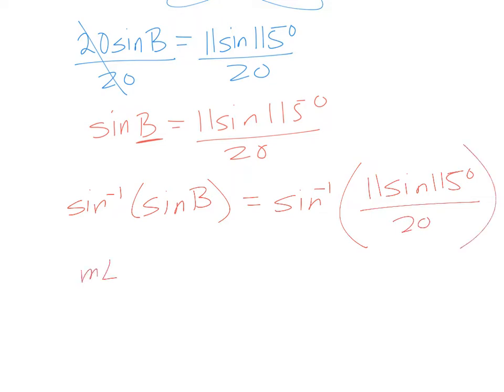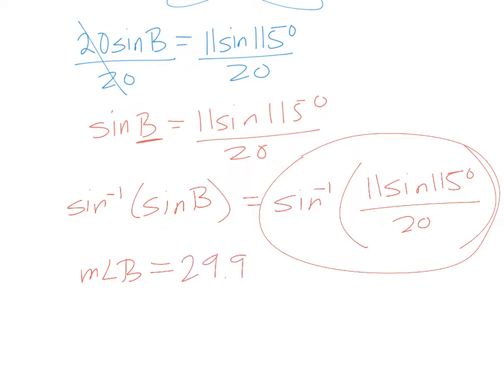So now I have the measurement of angle B isolated. And then I need to figure out what this is equal to, which is approximately equal to 29.9 degrees.